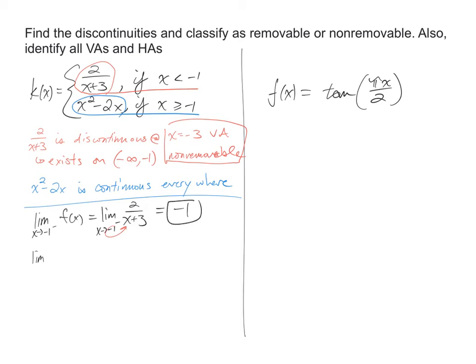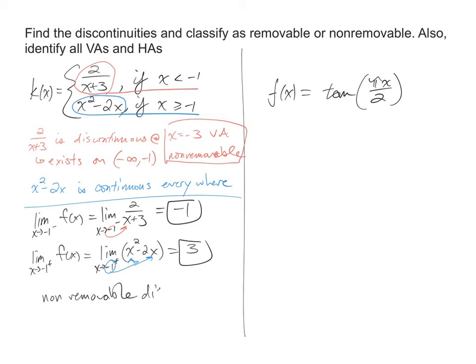So now we need to check the limit as x approaches -1 from the right of f of x, which is the following limit. And if you directly substitute -1 in here for x and here for x, you'll get back a +3. So since these two limits do not match, there is a non-removable discontinuity at x equals -1.